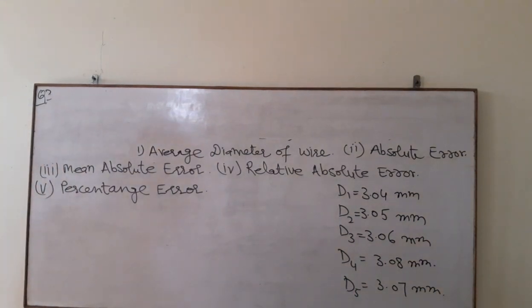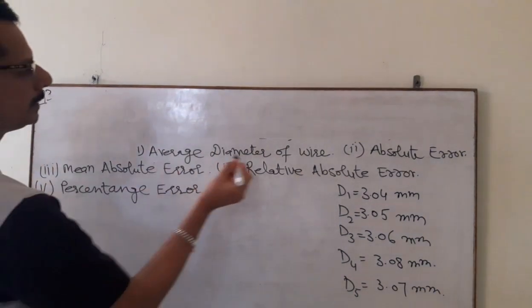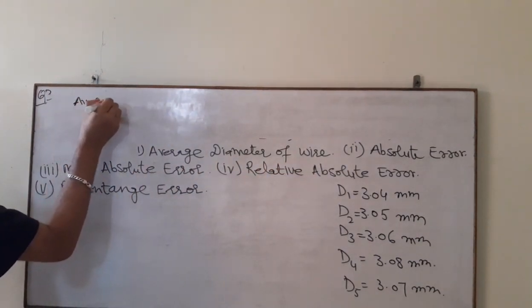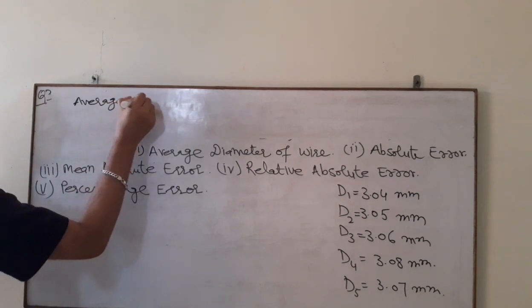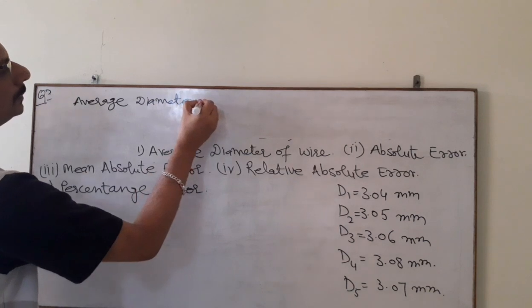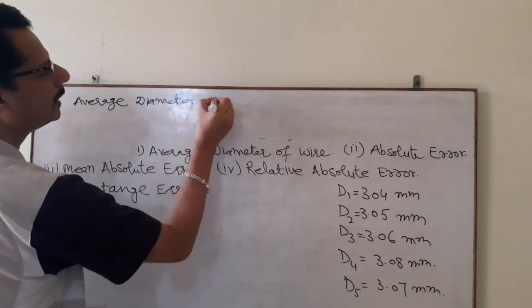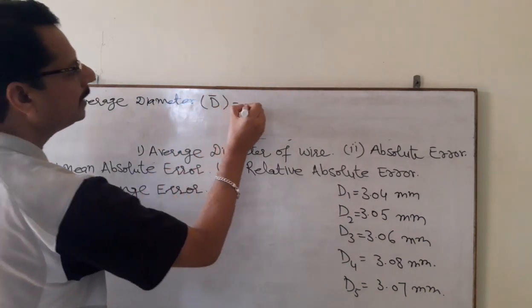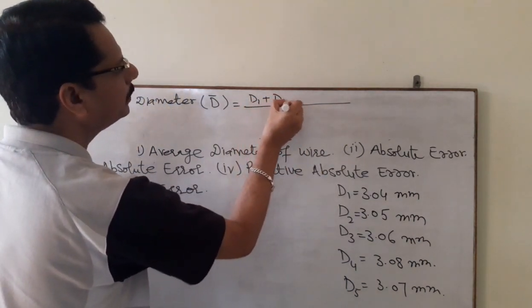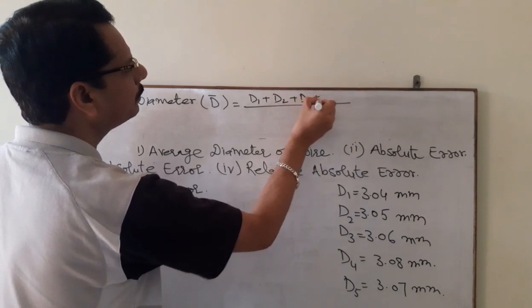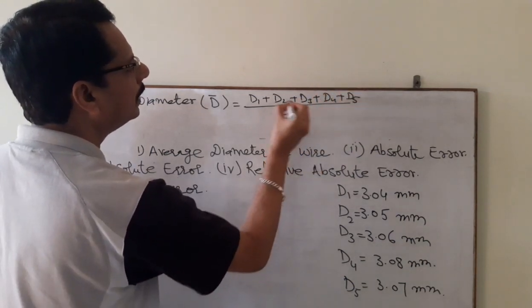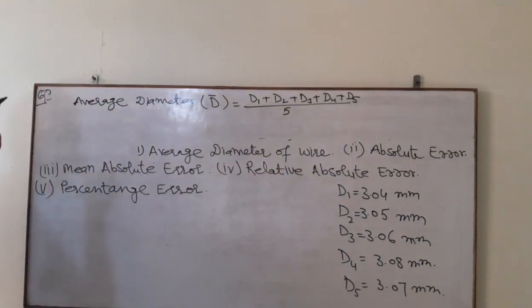First of all, I have to find out the average diameter of the wire. You are already aware of average. How to find out average? The diameter, which I am denoting here as D bar, will be equal to D1 plus D2 plus D3 plus D4 plus D5 upon the number of terms. There are 5.